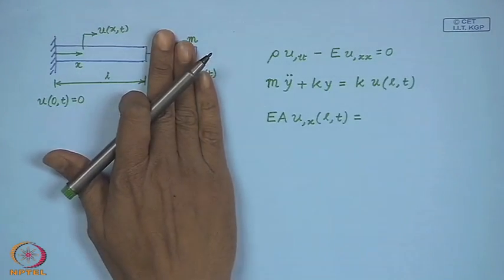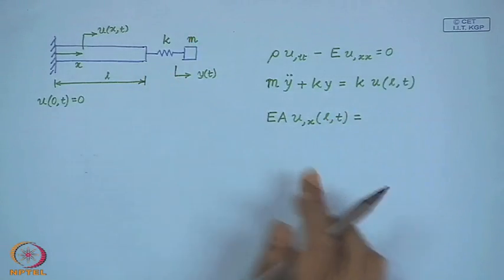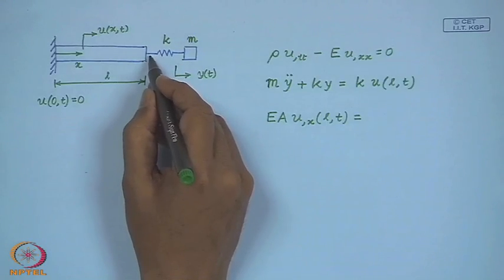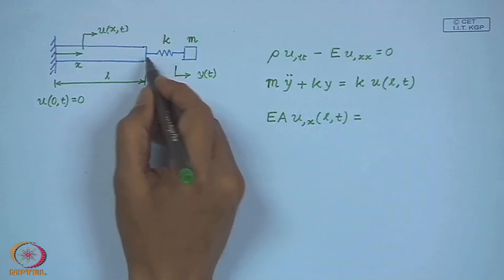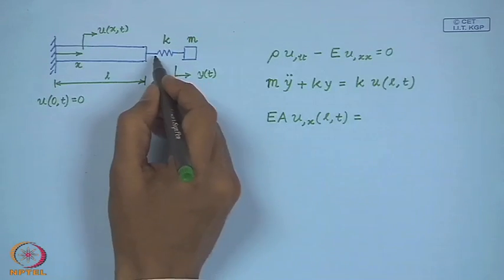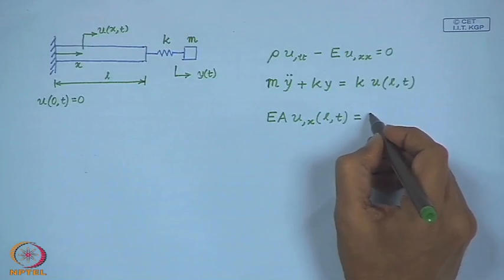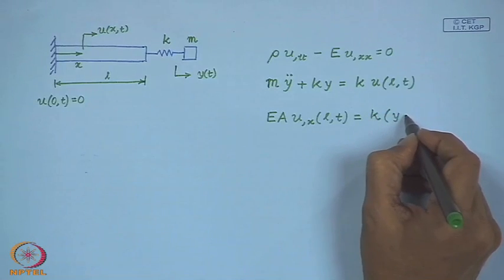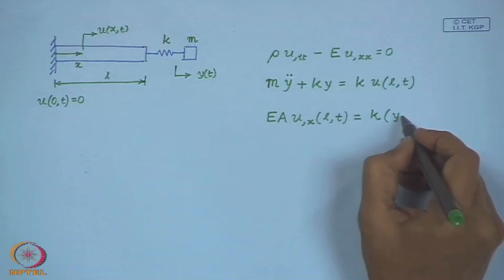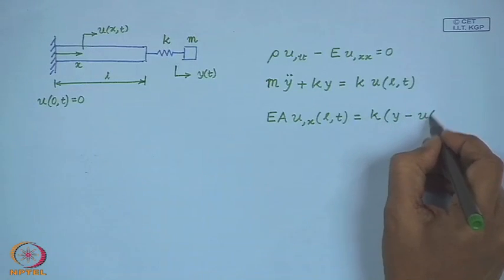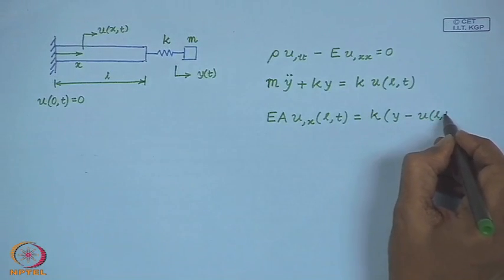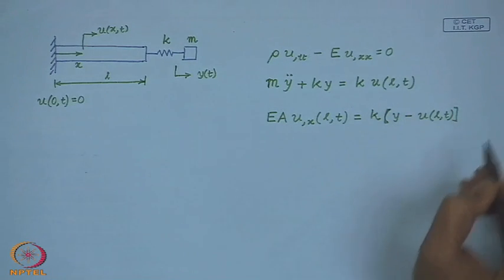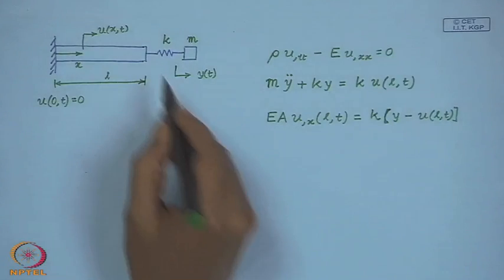Had there been no oscillator, it would have been 0. Now, since there is an oscillator, you can write the force that this oscillator puts on this end, which is easily obtained as k times y, which is the motion of this point, minus the displacement of the bar at this end.